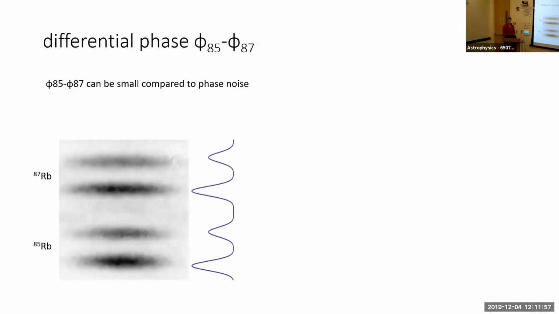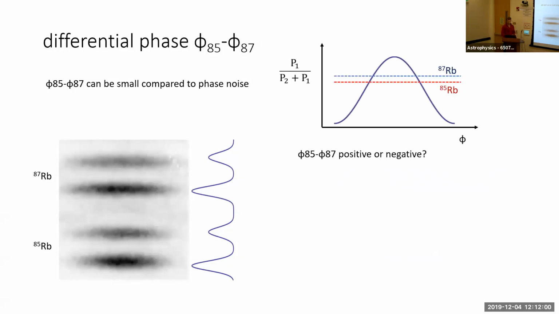So how do I get the differential phase out from that? If I plot the population versus the phase, you will see that for some population ratio, you can infer different phases. And this is not a big issue at first. The main problem is that you cannot distinguish whether 87 has the higher phase or 85 has the lower phase. So you can infer just different phases from this one result. So this is a slight annoyance.